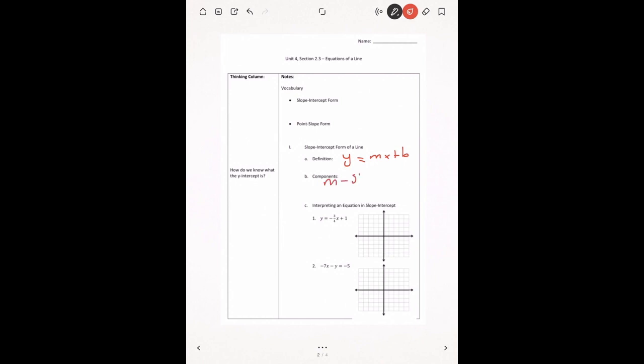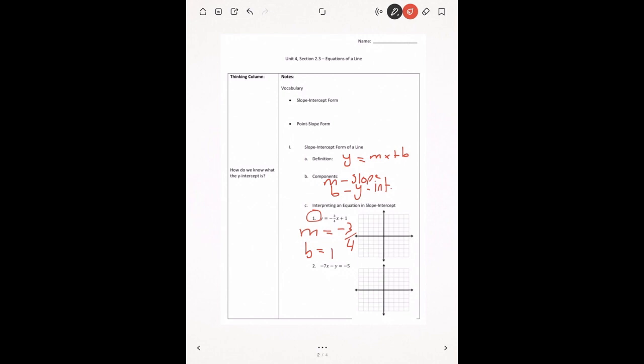M stands for the slope of the line, and b is the y-intercept. So that's where it crosses the y-axis. M is the slope, and b is the number that represents where we cross the y-axis. So if we're looking at this first problem, we know that our slope is -3/4, and we know that our y-intercept is 1.